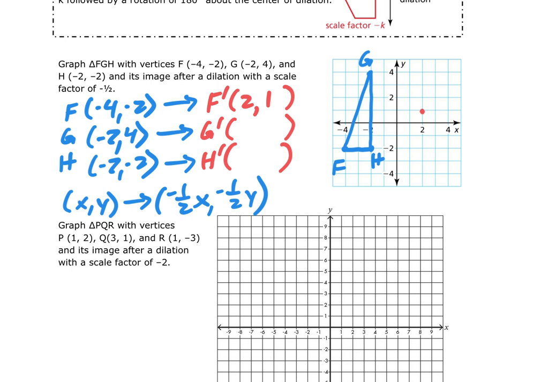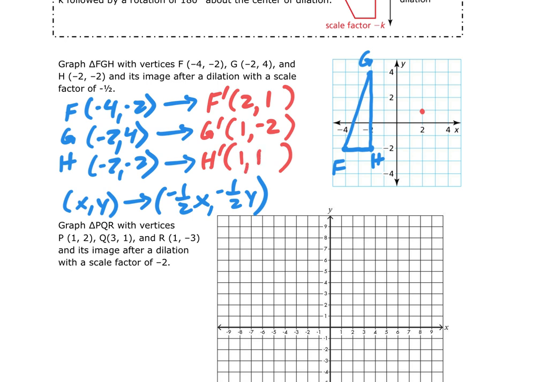Okay, negative 2, 4. 2 divided by 2 is 1, and it becomes positive, because it's going to be the opposite. 4 divided by 2 would be 2, and it's going to become negative. And then H. We're going to divide by 2 and change the sign.